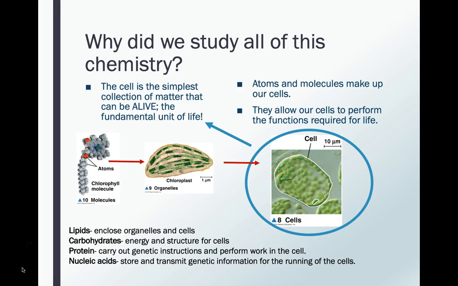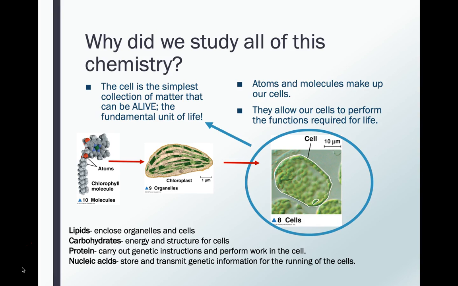The reason that we talk about chemistry is that cells are made up of collections of molecules. So remember this idea of emergent properties, where the organization of something in a particular way leads to a new function.